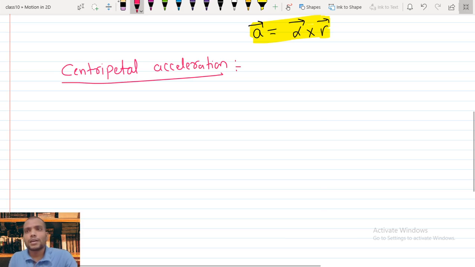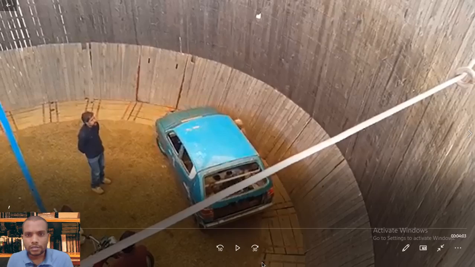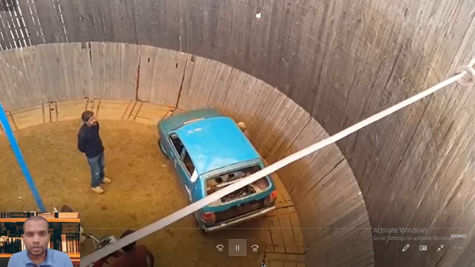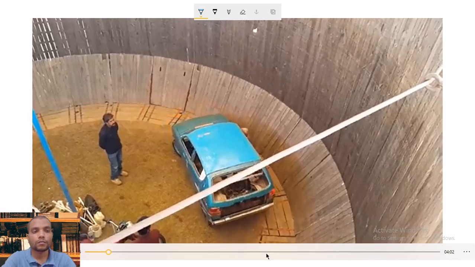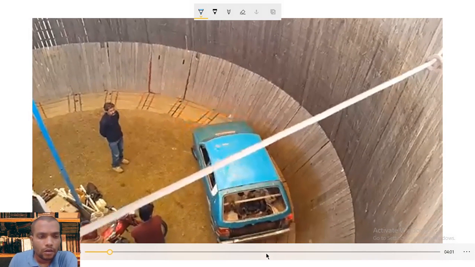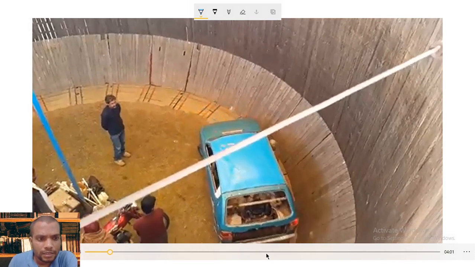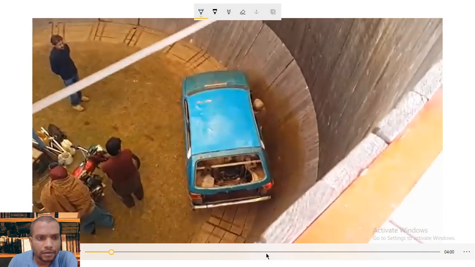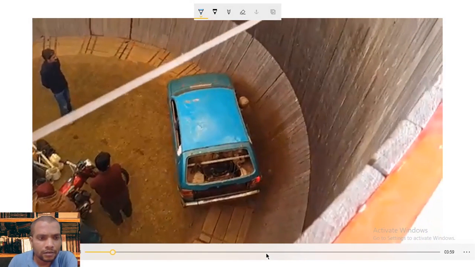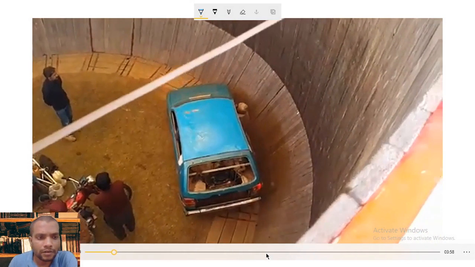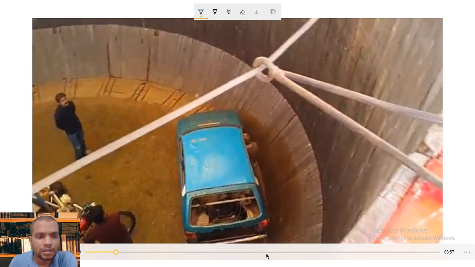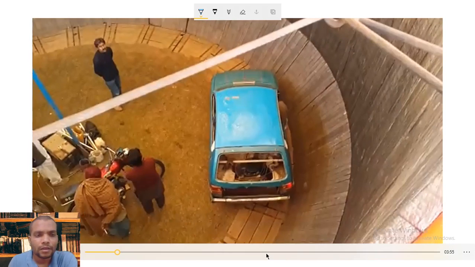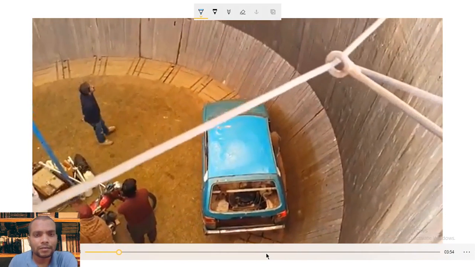So let us understand this. Let us try to play this small video. You might be seeing these kinds of activities in so many places, especially in circus, which is known as death wheel.